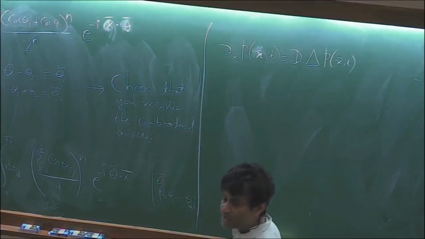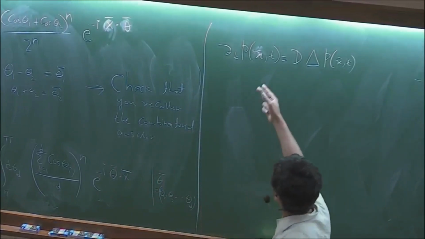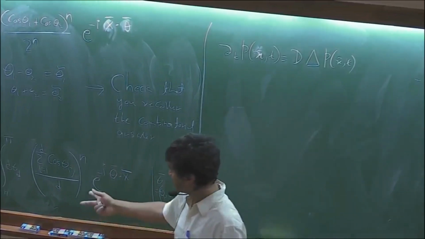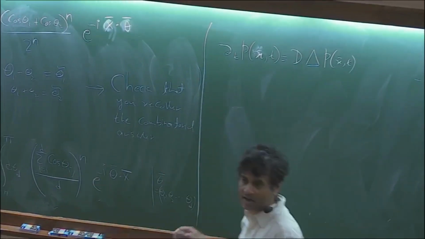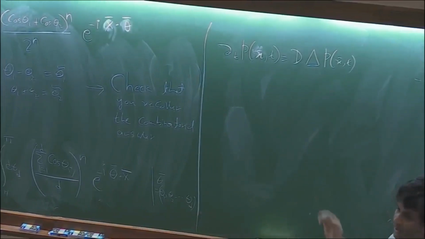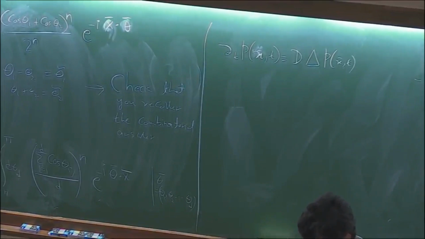For many questions, you can just use the continuum description, which is much simpler. You always get a Gaussian distribution, nothing so complicated, and for many purposes this is good enough. But for many questions, you really have to stick to the lattice. And this Polya problem is one such problem where you have to work on the lattice.